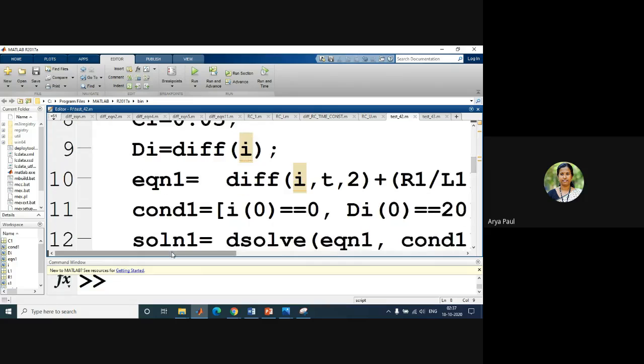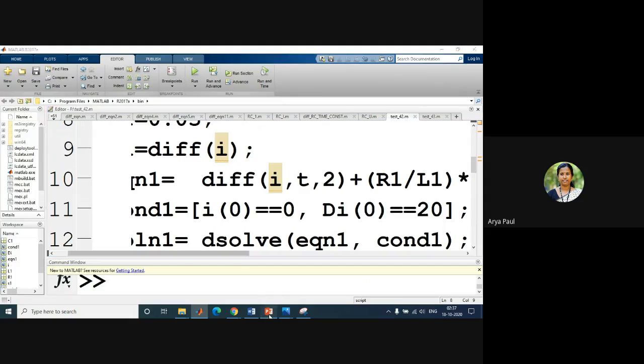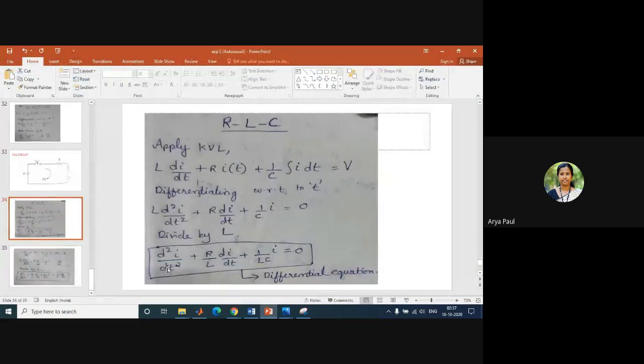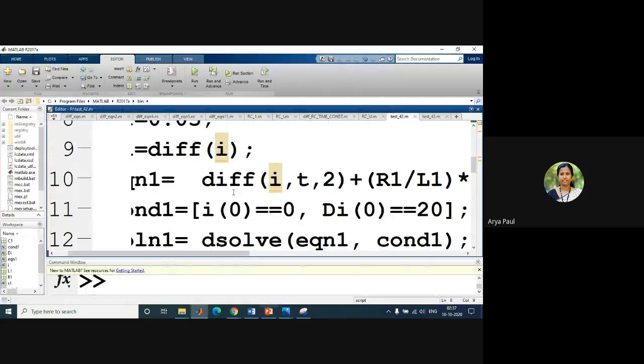What is my differential equation? I've already told you, the differential equation is d square I by dt square, the second order, plus R by L into di by dt plus 1 by LC into I equal to 0. So diff of I comma t comma 2.